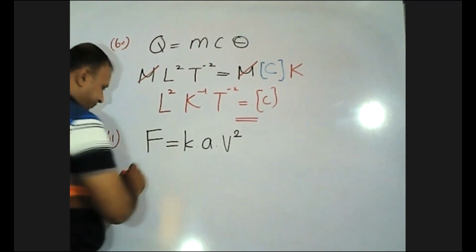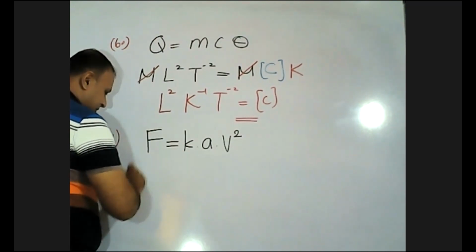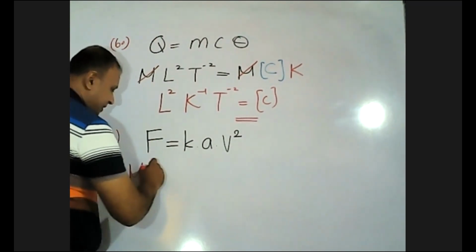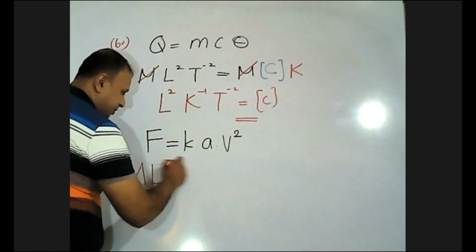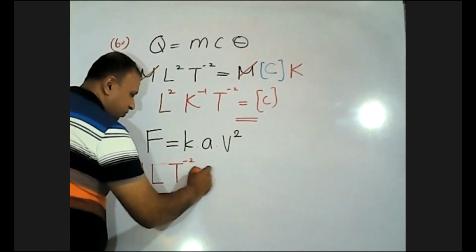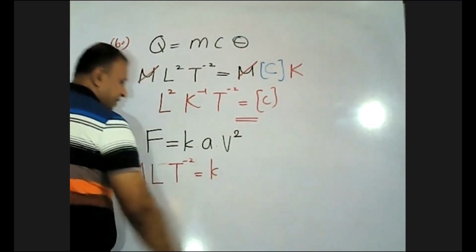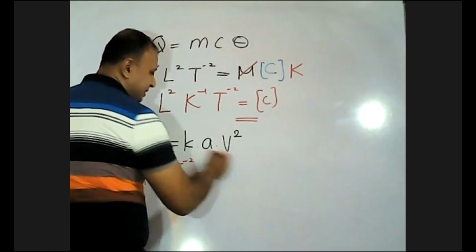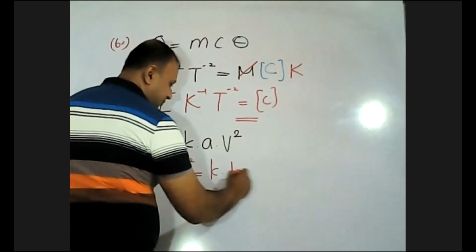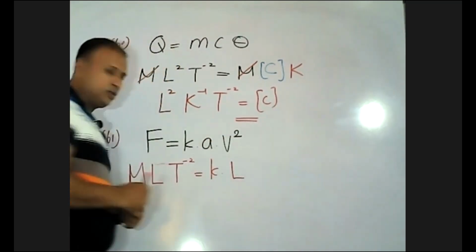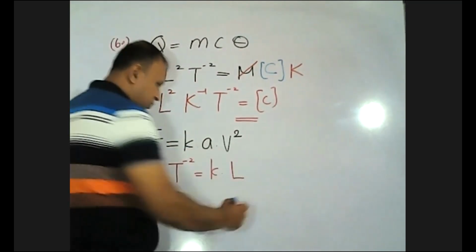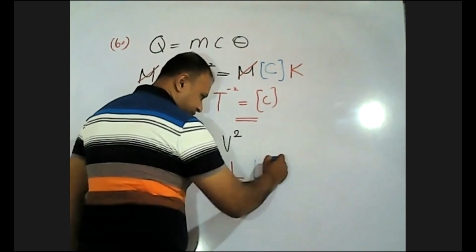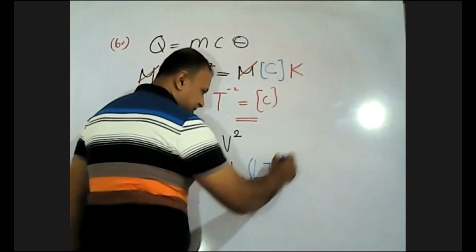Look at this. The dimension of F is M L T minus 2. A is a length. V squared means L T minus 1 is squared, because it is a velocity.